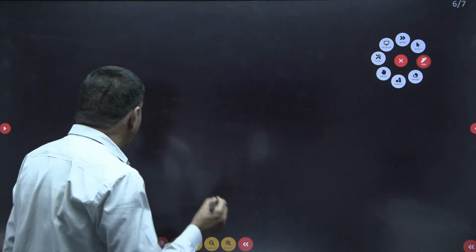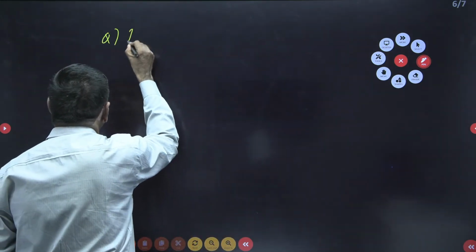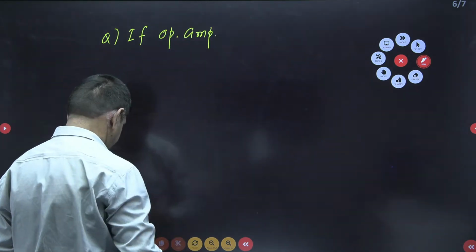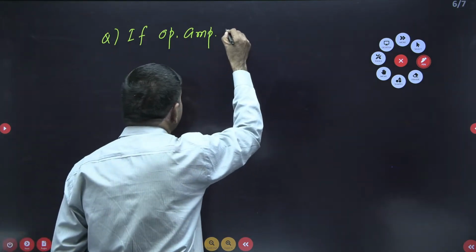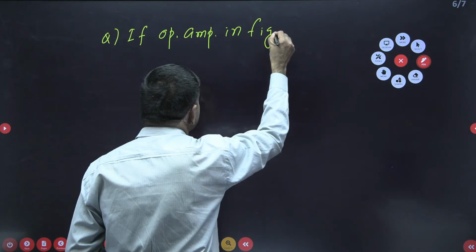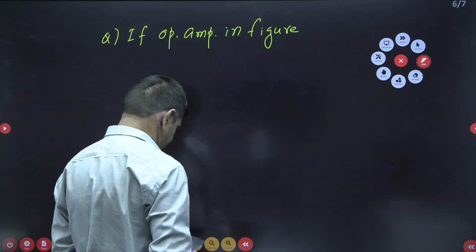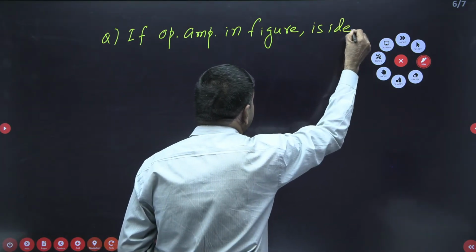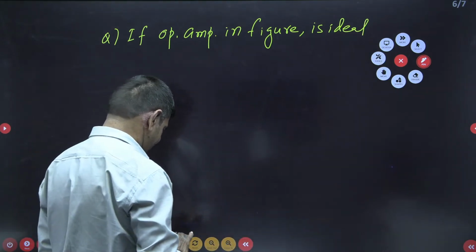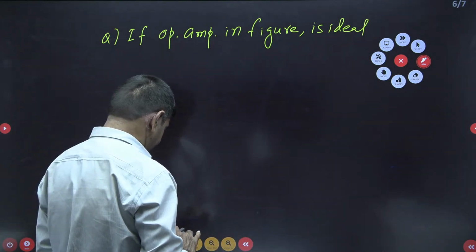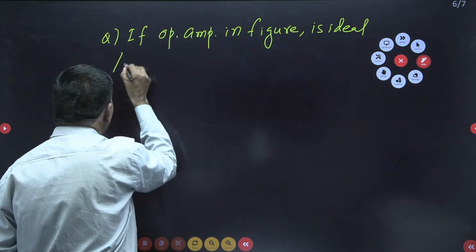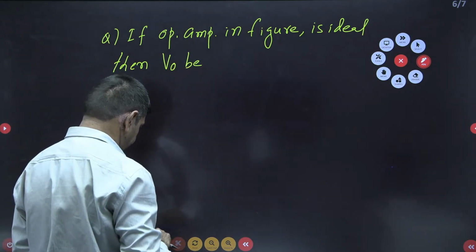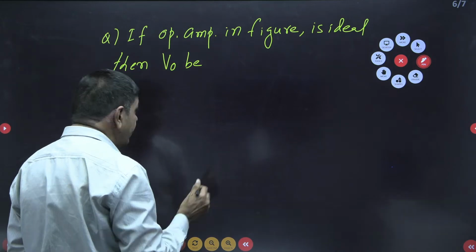If the operational amplifier in the figure is ideal, then V0 equals... and here a network is given like this.